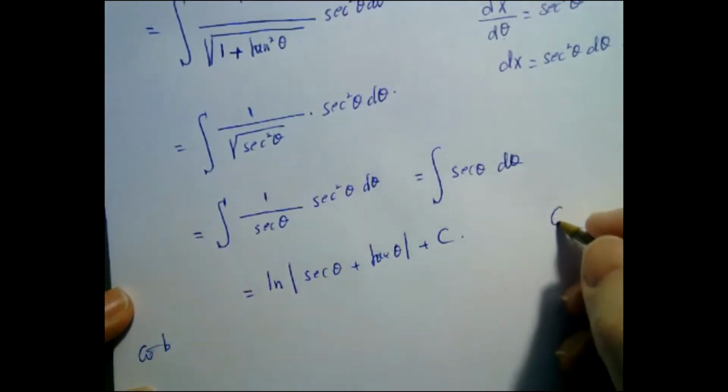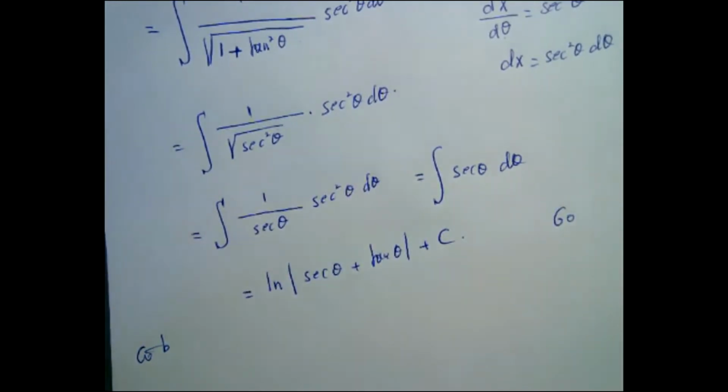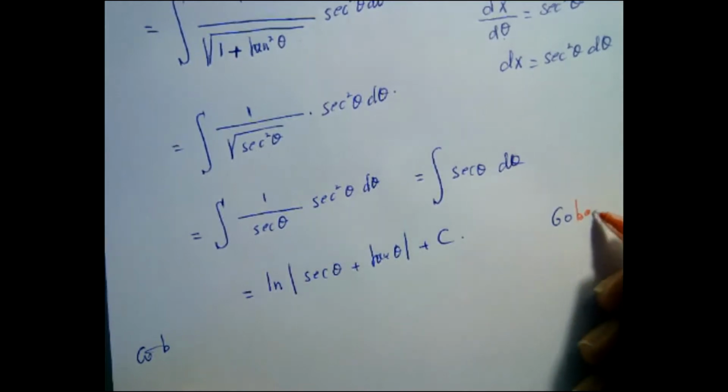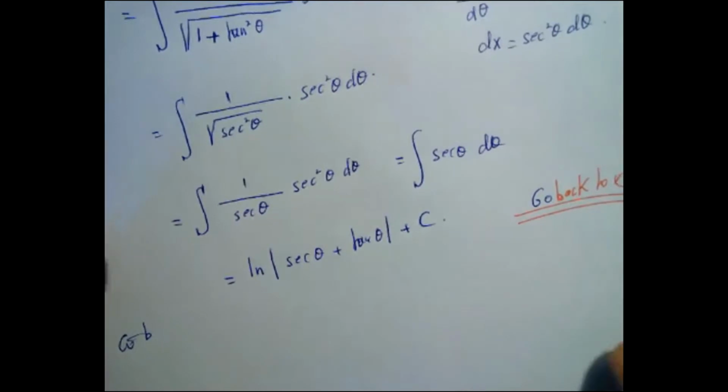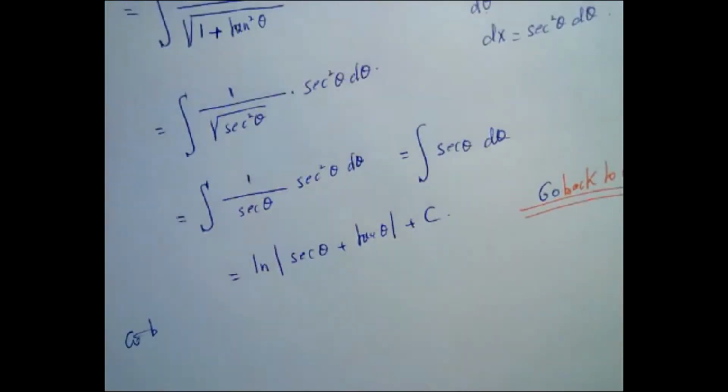I put it in red just to emphasize it. I have to go back to my original variable, x. That means I need to substitute everything back in terms of x. To do that, I have to remember what the relationship was initially between x and theta.